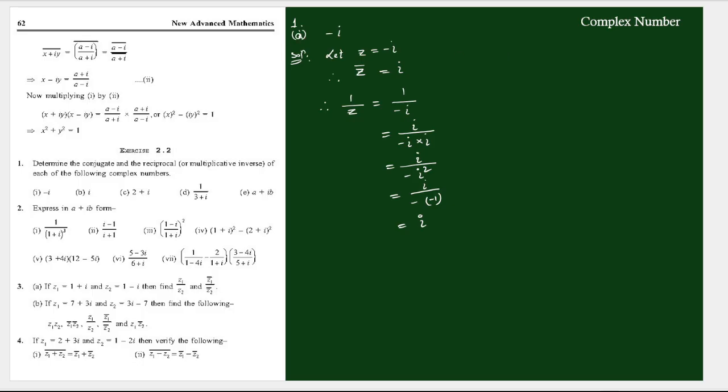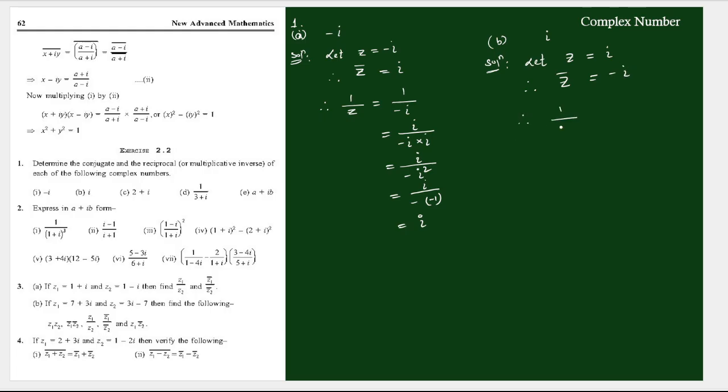Next we have B. Let's do number B. What is here? It is i. Let z equal to i. So therefore z bar will be minus i.